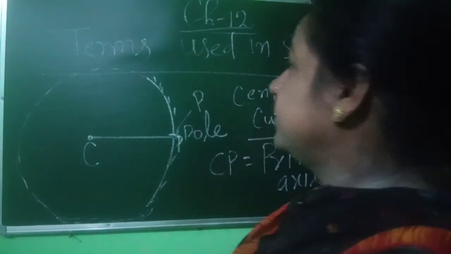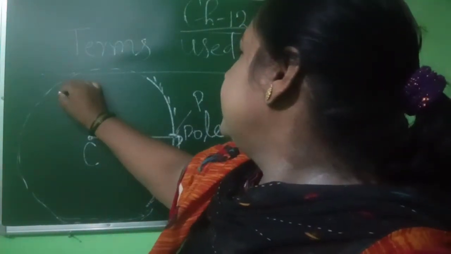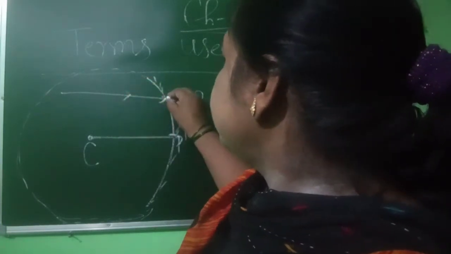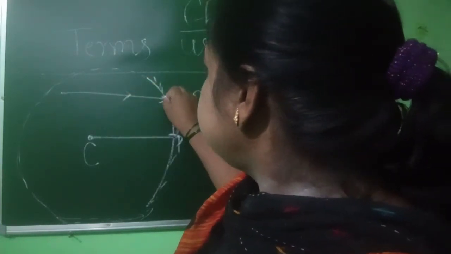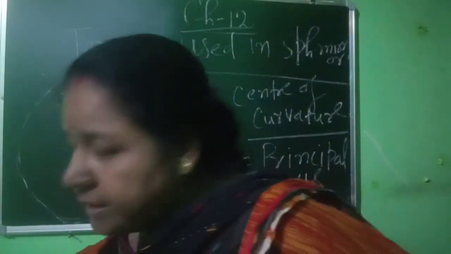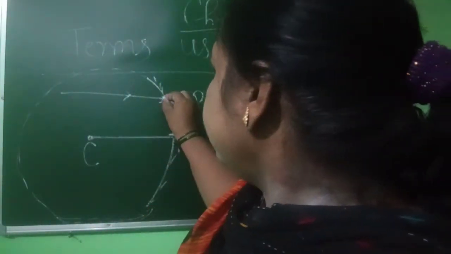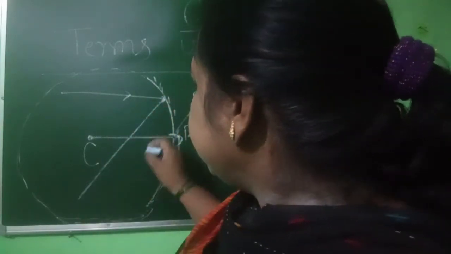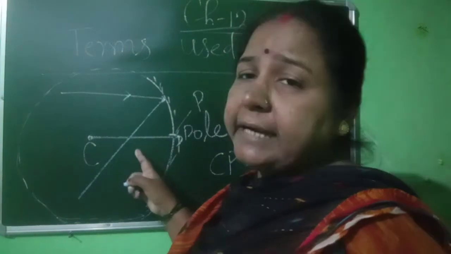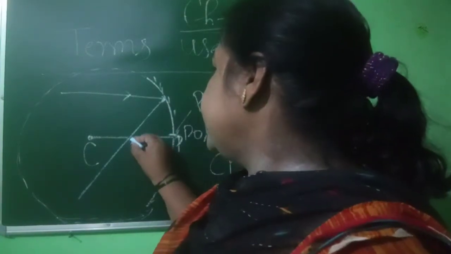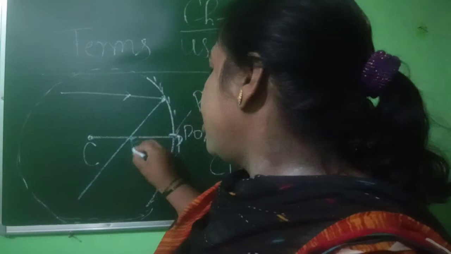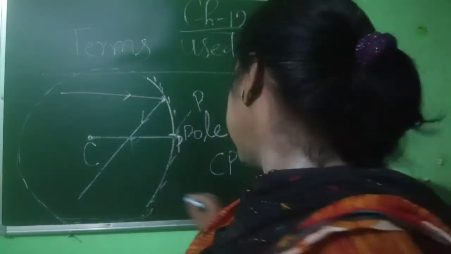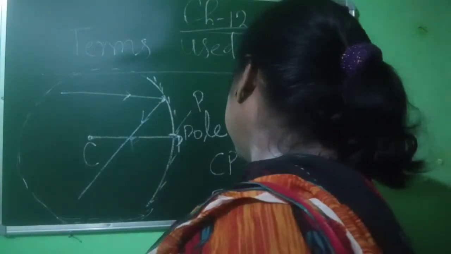Now, if there is an incident ray that comes on the mirror and is reflected by the mirror, the reflected rays meet at a point F on the principal axis. This is called the focus. F is called the focus.